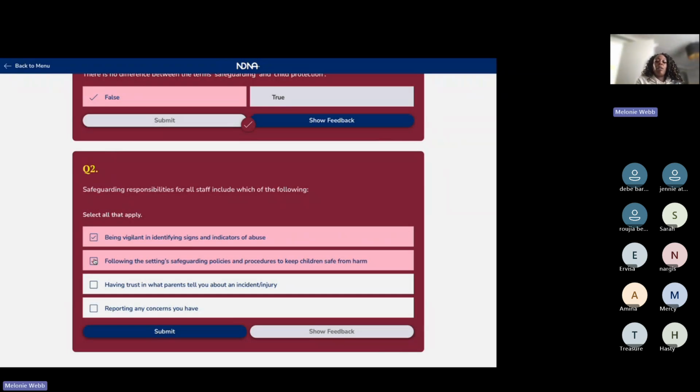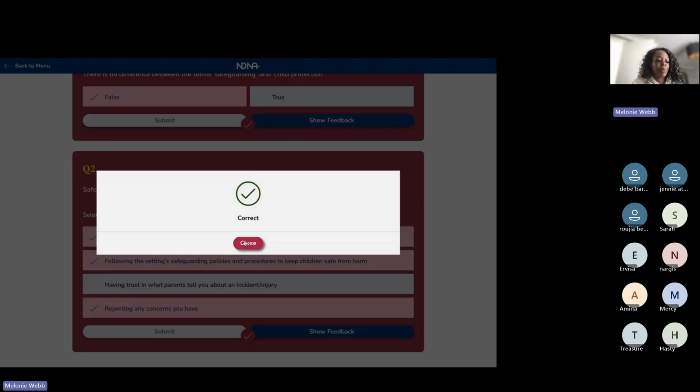So does it mean having trust in what parents tell you about an incident or injury? I'd say no, because what if they're lying? Exactly. What if they are lying? Is it important to report any concerns that you have? Yes. Well done.